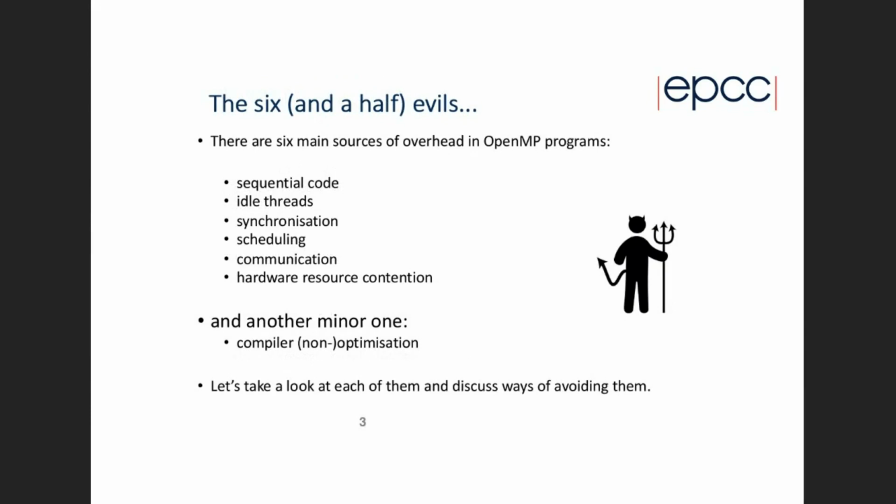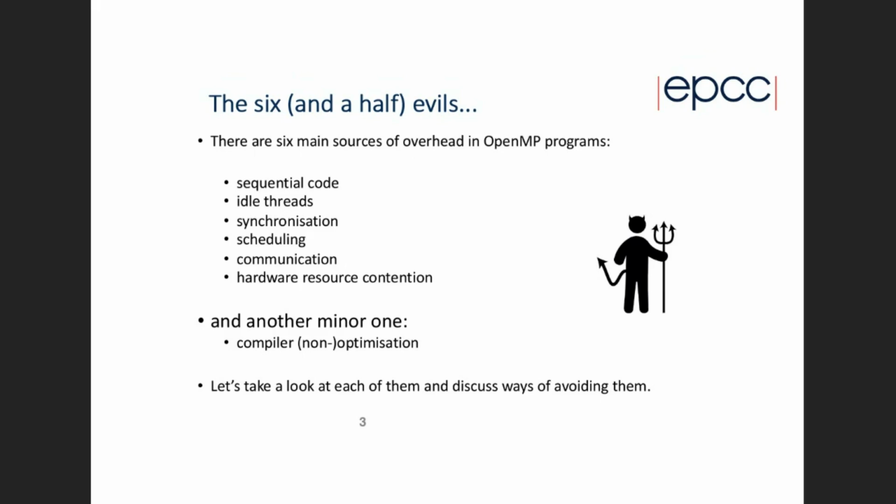The way I like to think about this is to classify these overheads into different types. So I talk about the 6.5 evils. There's really 6 main categories of overhead that you're likely to come across in OpenMP or multi-threaded programs in general.